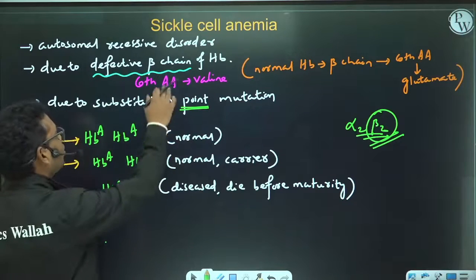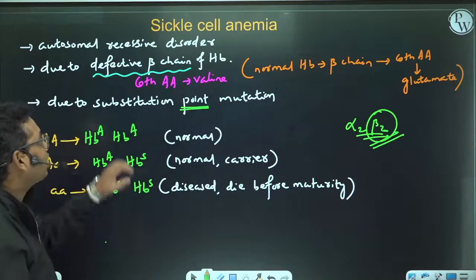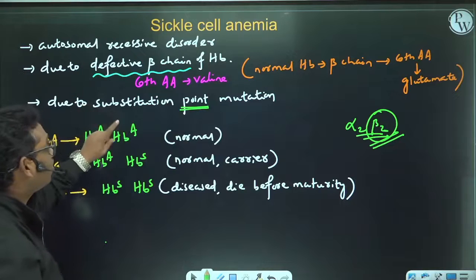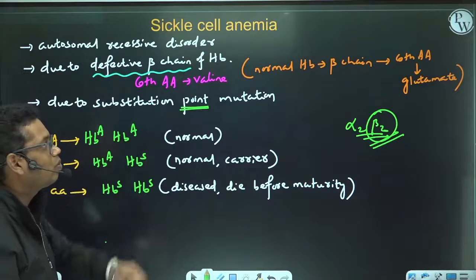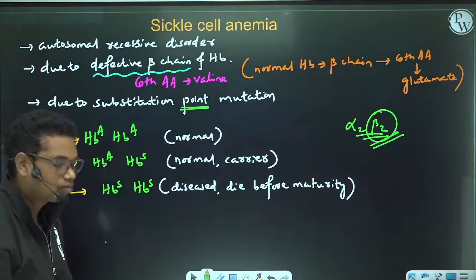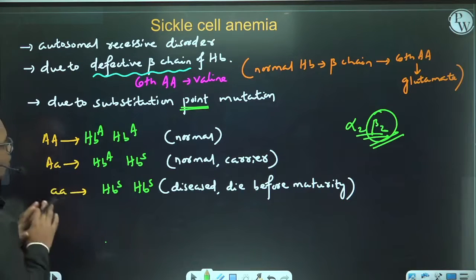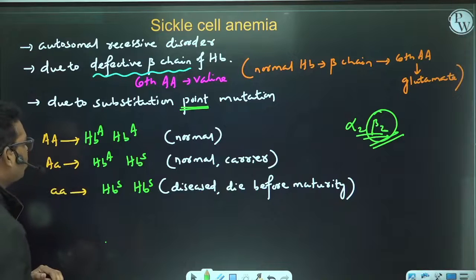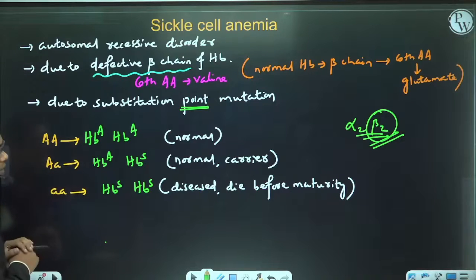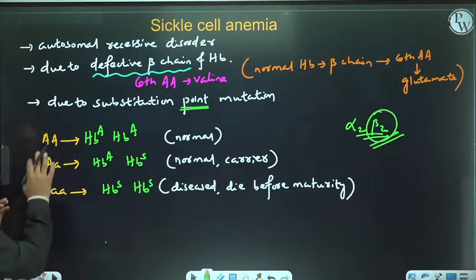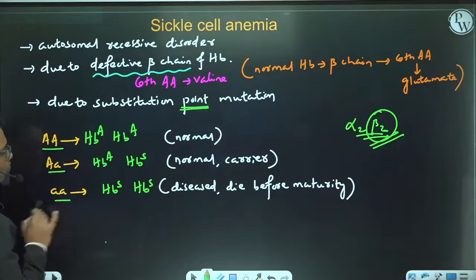Okay, this is responsible for sickle cell anemia, and this takes place in the gene responsible for producing the beta chain. Okay, and if I write the gene responsible for producing beta chain as capital A and small a, so I can have 3 different types of genotypes, 1, 2, and 3.